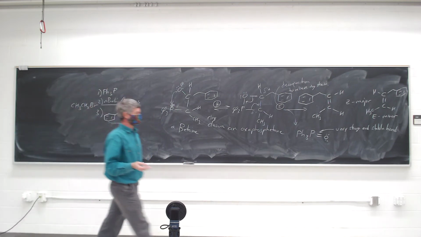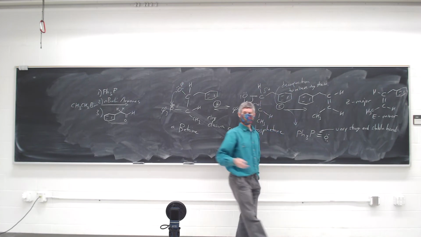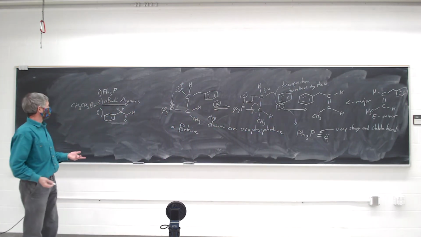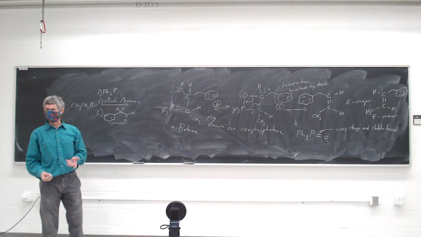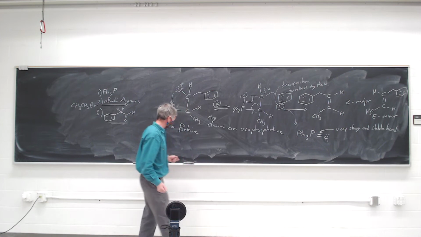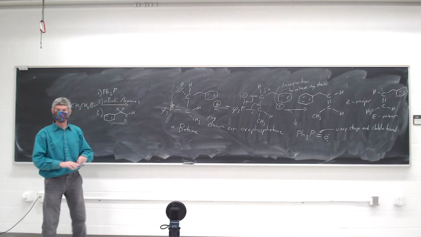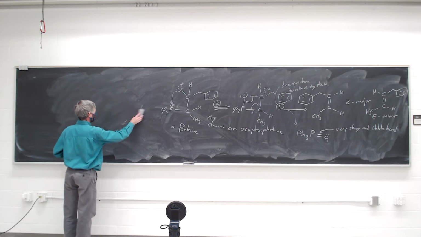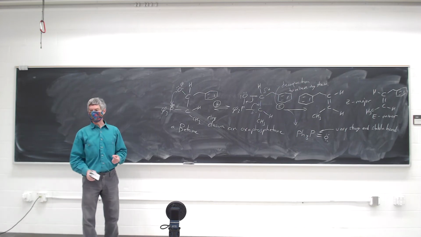And then you have to get rid of this heavy organic-soluble byproduct and throw away a lot of your mass. Triphenylphosphine is relatively inexpensive, but triphenylphosphine oxide is not completely environmentally benign, and it's a pain if you generate huge quantities of it when running large-scale reactions. So we can solve those problems.